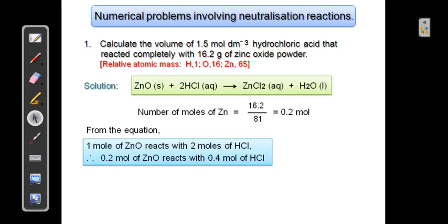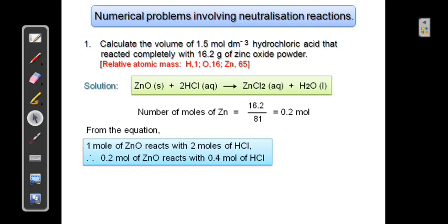So the reaction needs 2 HCl, so the HCl should be twice as much as the zinc oxide. Therefore, if zinc oxide is 0.2 mole, the HCl should be 0.4, which is twice the amount.